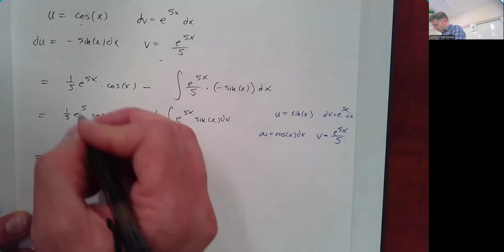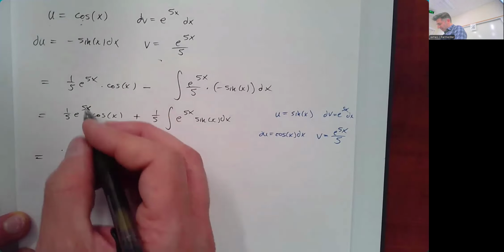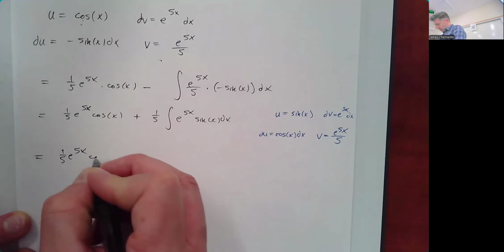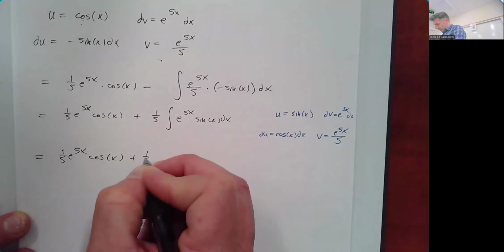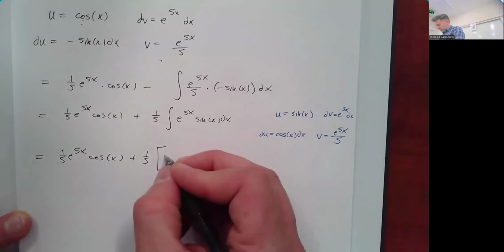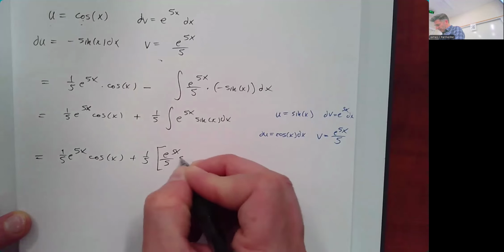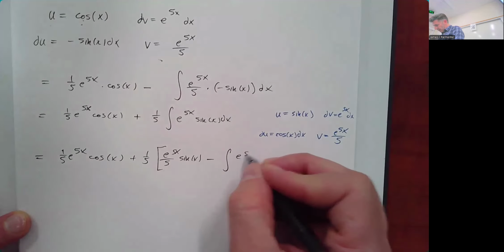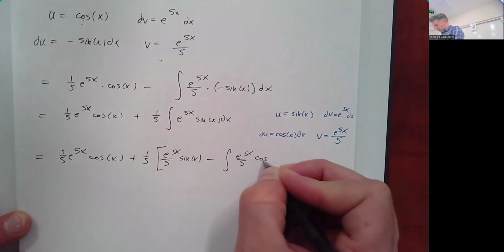We're going to get 1/5 e to the 5x, sorry, I missed an x there before, 1/5 e to the 5x times cosine of x plus 1/5 times the entire uv minus the integral of v du. So we're going to get e to the 5x over 5 times sine of x minus the integral of e to the 5x over 5 times cosine of x dx.